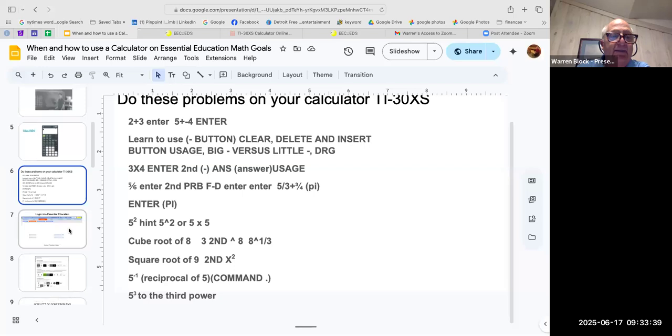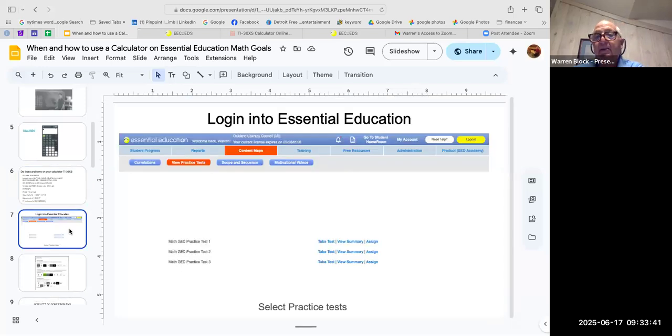A little background. If you want to do what we're doing today, you can log into Essential Education and get this out of the way. Do Product GED Academy, and then Content Map, and then View Practice Tests. There's 4 GED math practice tests.